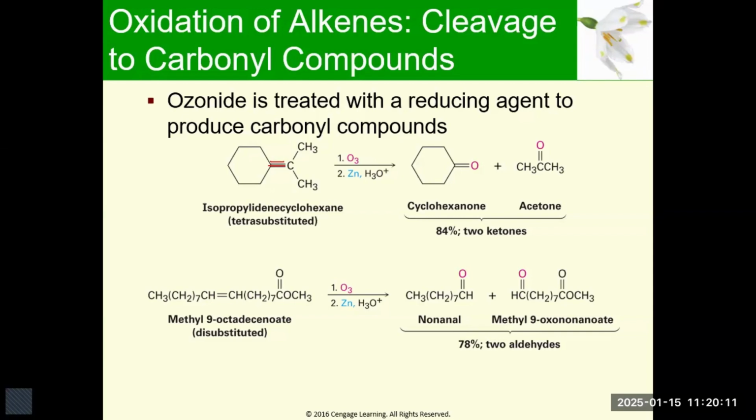So we know it's going to go all the way to the carbonyl compounds being produced. And so if I cleave right in between here, and then I add my oxygens in between those two cleavage points, if you will. And of course, we saw the mechanism, so it's not just like cutting it and adding them. That's not how it works. However, to be able to get to your products, that would get you there.